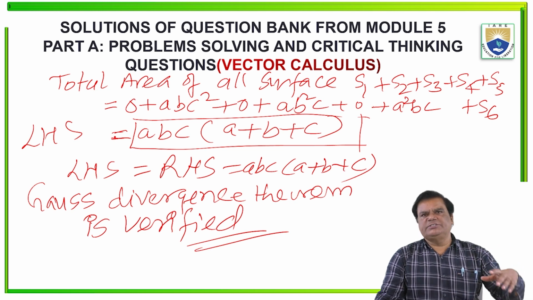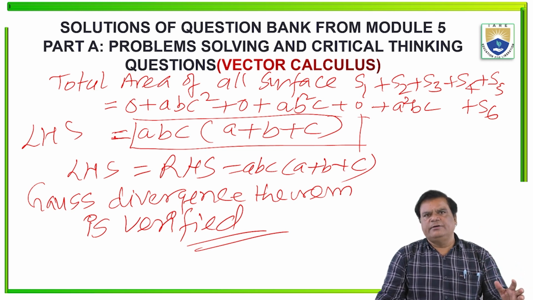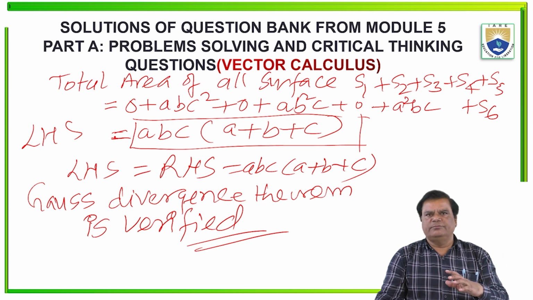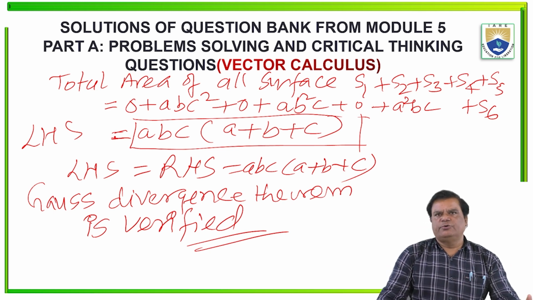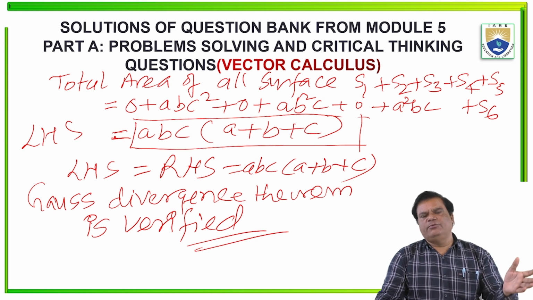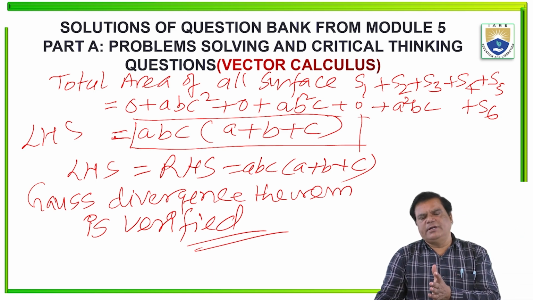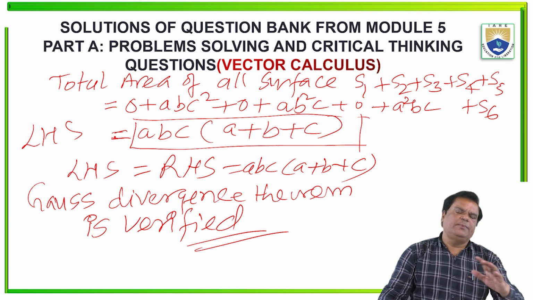The plane which passes directly through the origin has 0 value, and the plane parallel to it has some value. So there are 3 planes with 0 value and 3 planes with value.